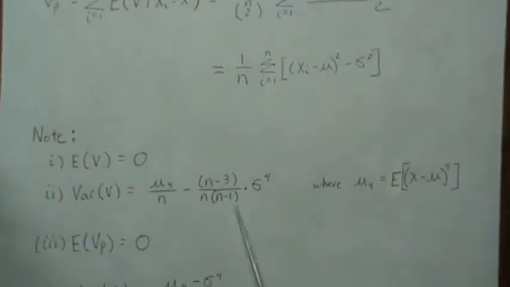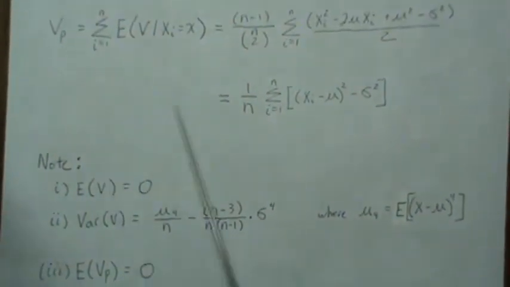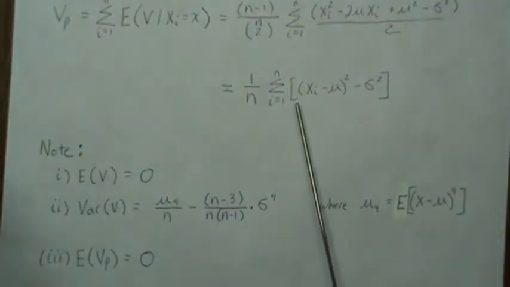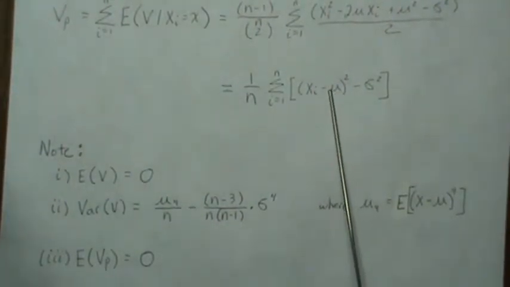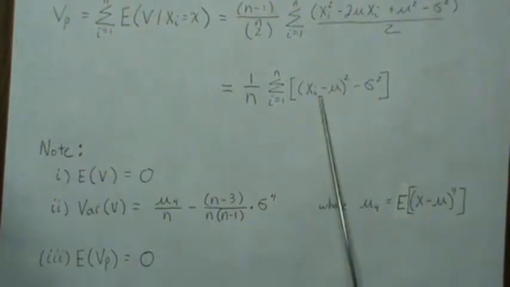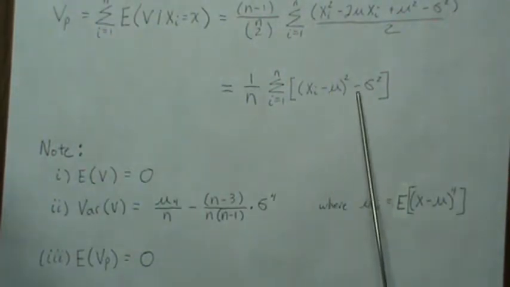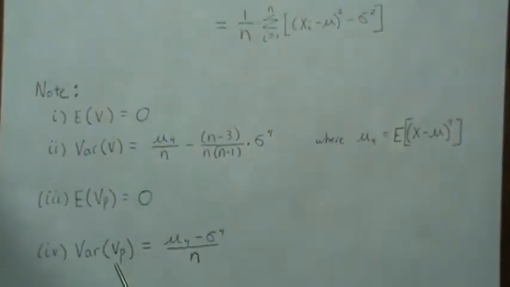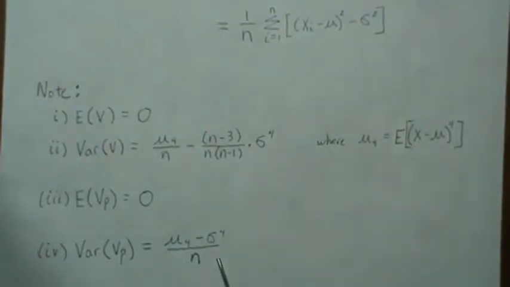And then when we take the mean of our projection, which is this, the expectation can go in here, and the expected value of this is sigma squared, and that's minus sigma squared, so we get 0. And then the variance of our projection. Now, if you go and watch this video, how to derive this is so similar that I'm not going to derive it in this video.